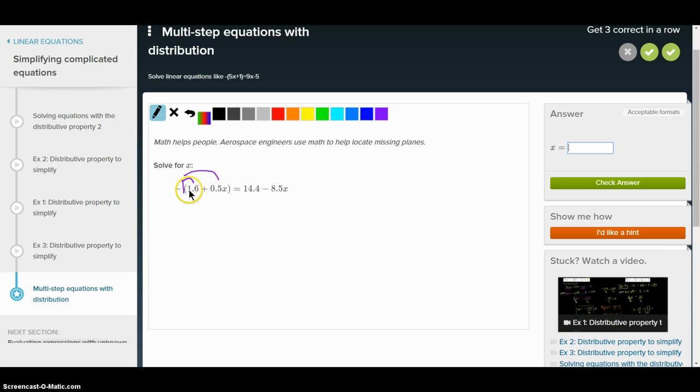So -1 times 1.6 is -1.6, and -1 multiplied by 0.5 is -0.5x. Okay, and we're left on this side the same 14.4 minus 8.5x.